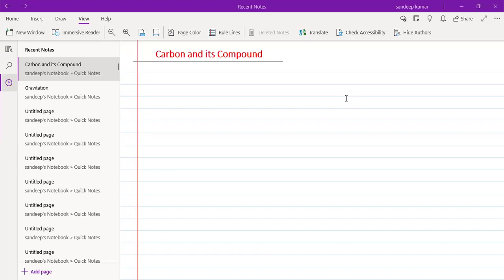We can see here. First is what are chemical reactions. Chemical reactions of organic compounds. There are four reactions they have given. First is combustion reaction. Next is addition reaction.